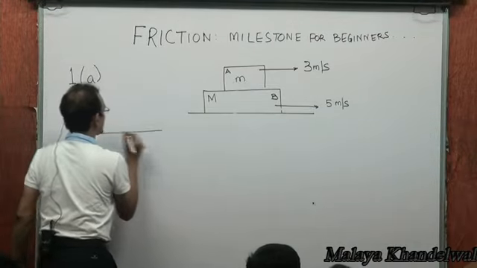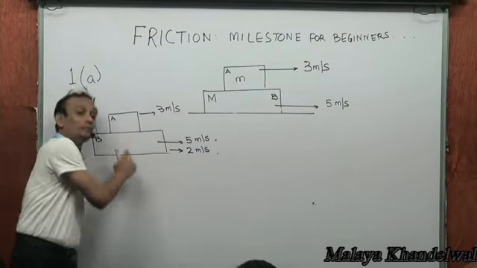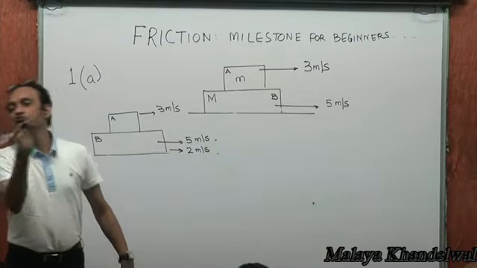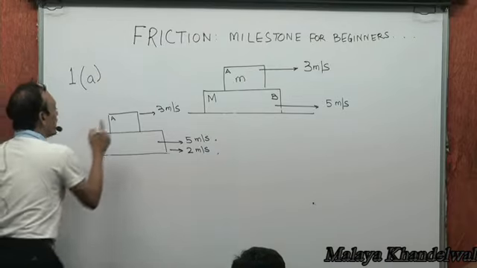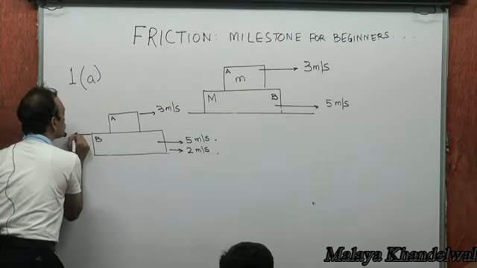Yes or no? The velocity of B with respect to A is 2 meters per second to the right. That means if you are sitting on A, you will report a velocity of B equal to 2 meters per second to the right. Therefore, A will exert on B a frictional force which is to the left.